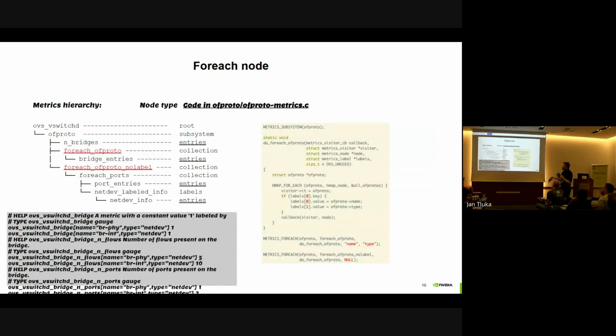Now, for a more complex example, okay, so I guess we'll have issues later, but here it's a for each node. So you have to describe how to iterate over, here it's all the existing OF Proto instances. So here you describe two for each nodes. Each of them use the same callback.